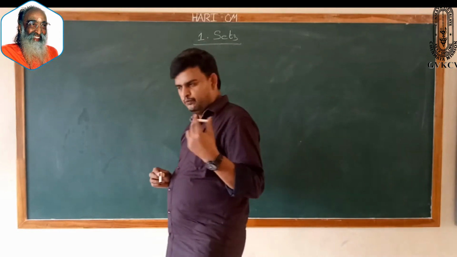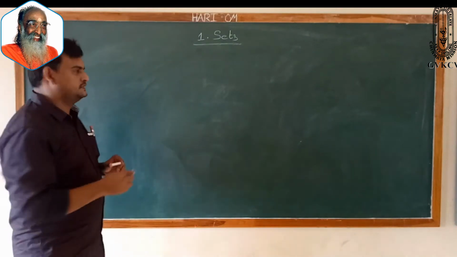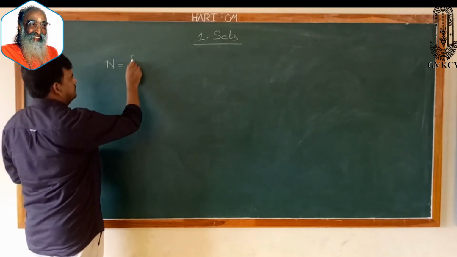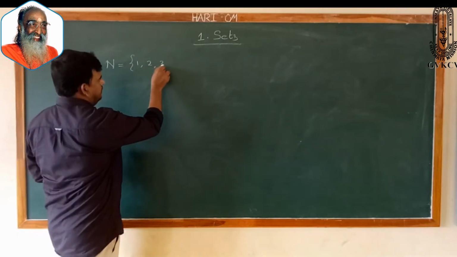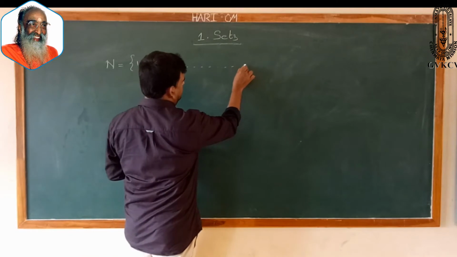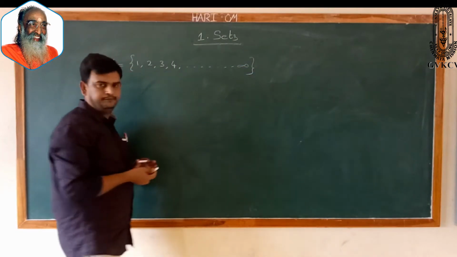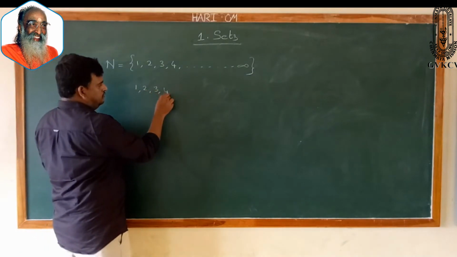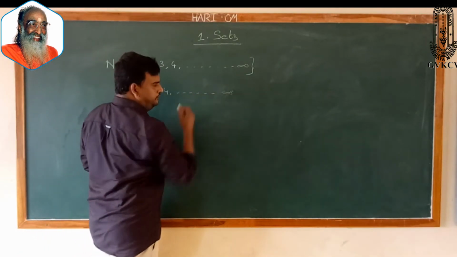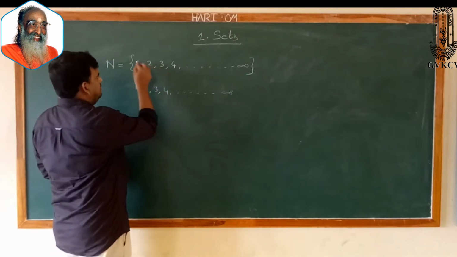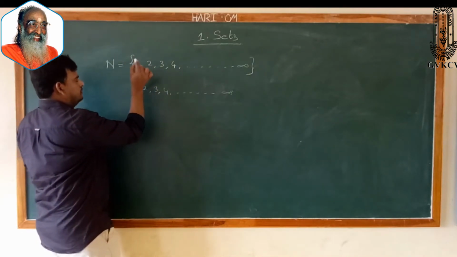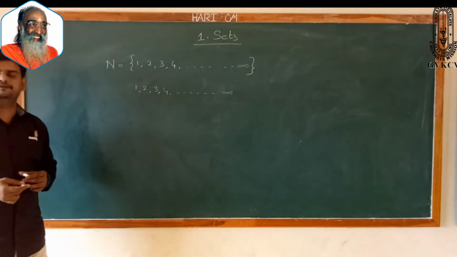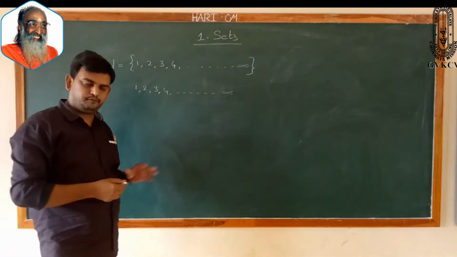Now, usually natural numbers we represent as 1, 2, 3, 4 and so on to infinity. Now writing the numbers 1, 2, 3, 4 and so on to infinity, keeping all the numbers within these flower brackets, is there any difference? That I want here.